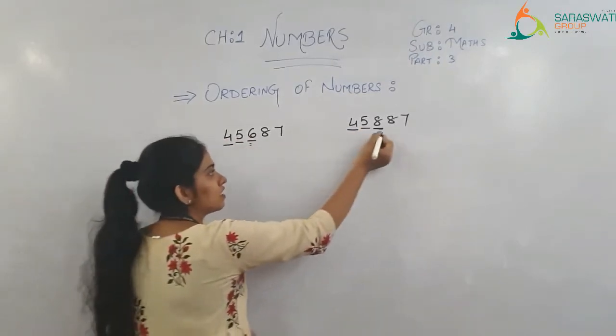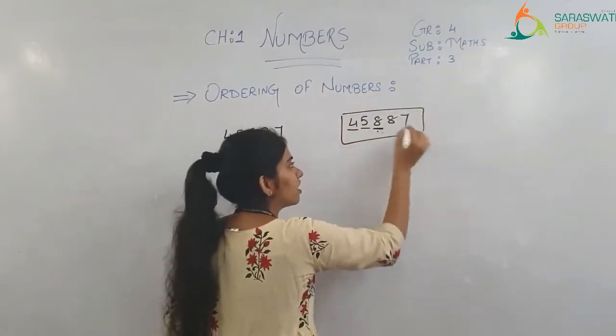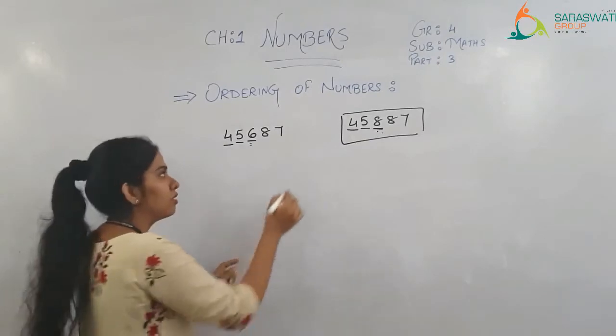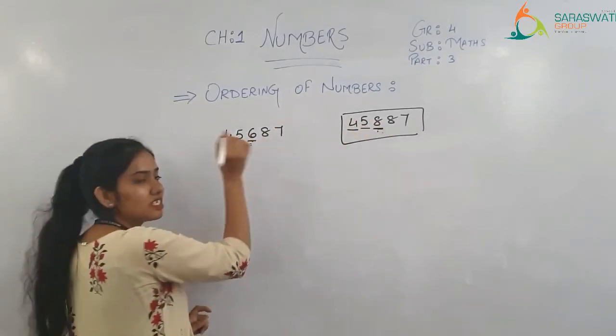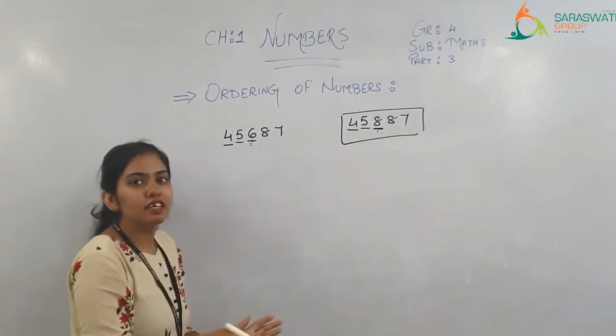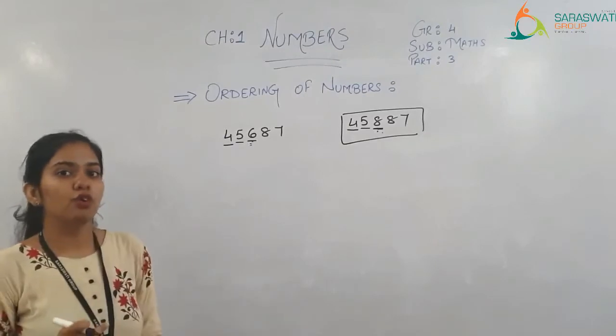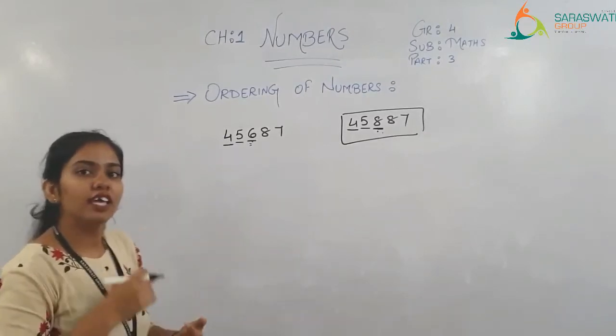So as 8 is bigger than 6, that number becomes the bigger one. By this way you can identify which value is bigger. Let me give you one more example to identify clearly.